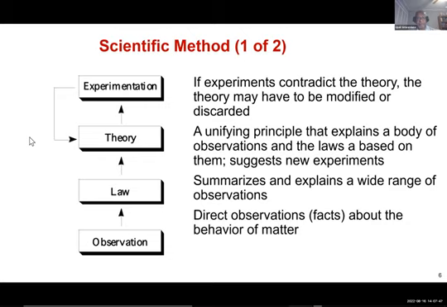Observation is a change in something, some color change, some noise, some temperature change, some explosion, etc. So you look into the observation and try to see a pattern in the observation. A pattern in the observation is called a law.